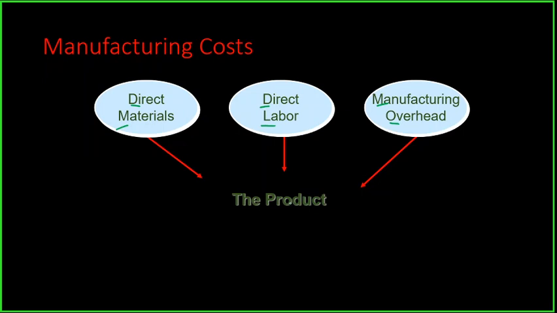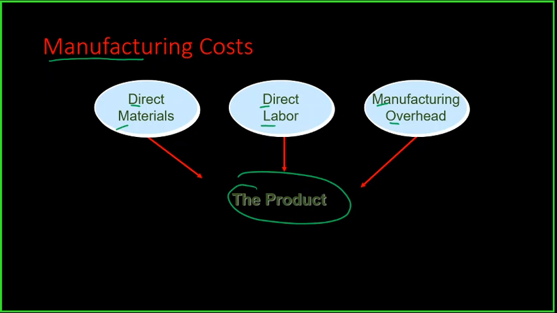These are the costs that are incurred in the manufacturing of a product. Any cost that cannot be classified as direct materials, direct labor, or manufacturing overhead is considered as a non-manufacturing cost, which we will discuss later.